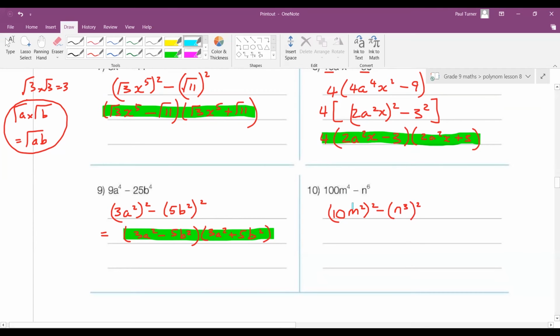Remember, we always try to get the power 2 on the outside. Like that, everyone. Okay, so once you've done that, you can write your factors. So 10m squared minus n cubed, 10m squared plus n cubed. That's finished.